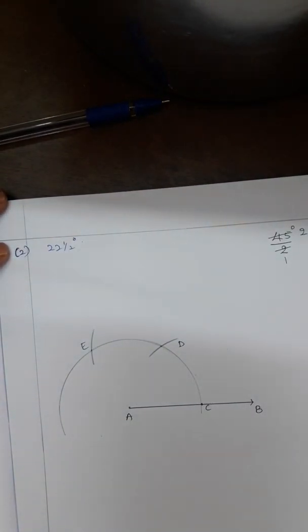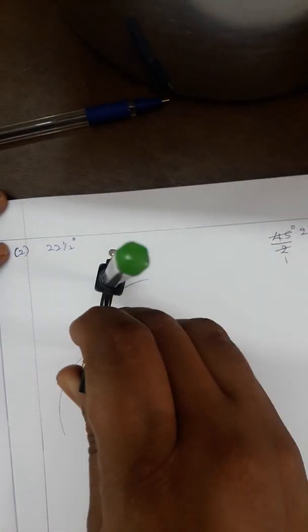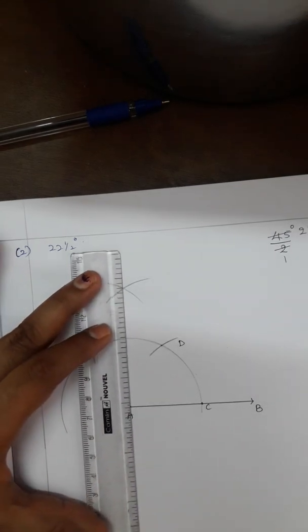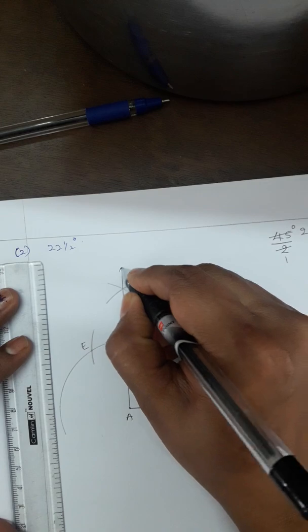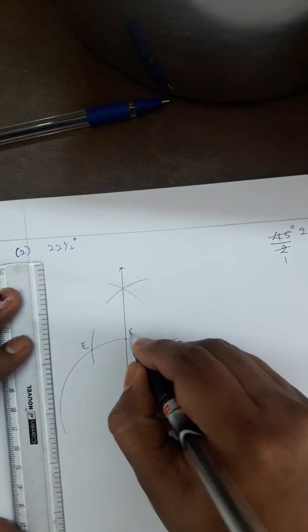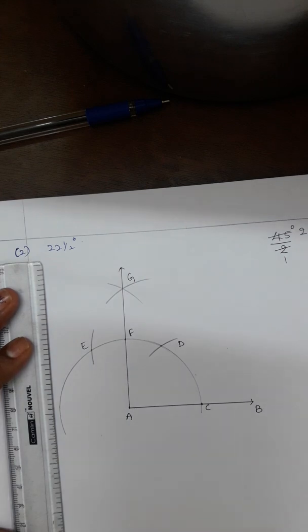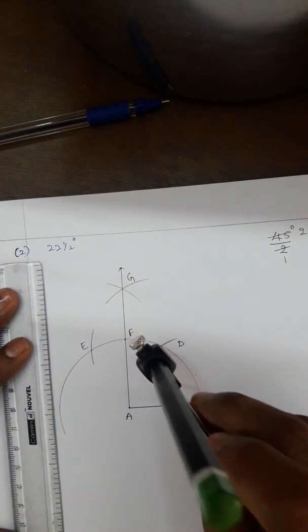Now with D as center, with the same radius, construct one more arc. With E as center, with the same radius, construct one more arc, which gives you an angle of 90 degree. Join this. Call this point F, this G. Now half of this angle CF gives you an angle of 45 degree, right?